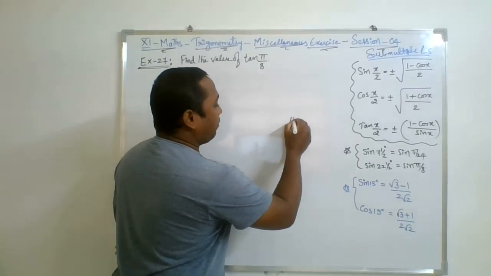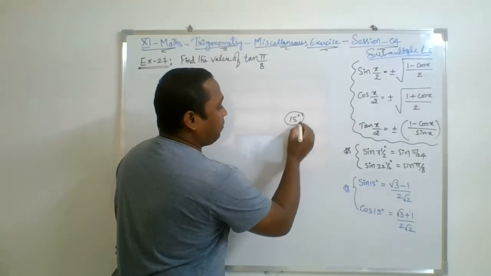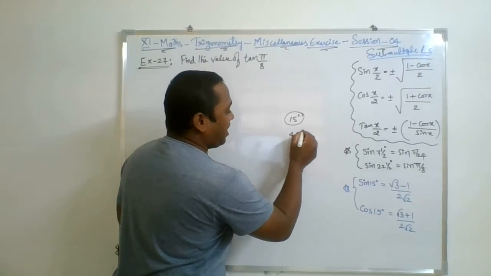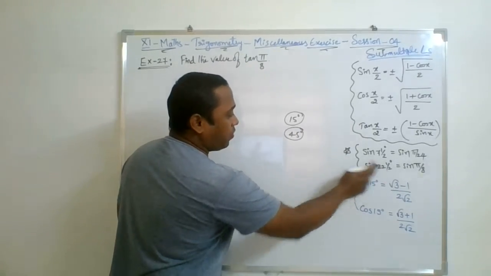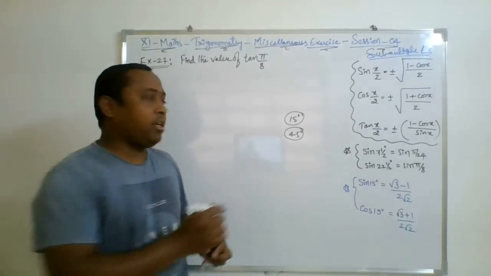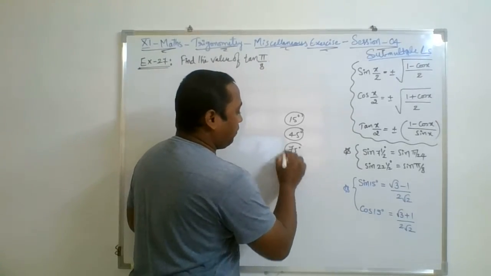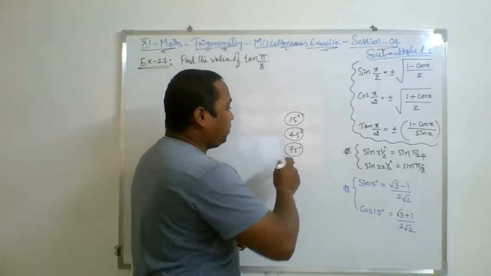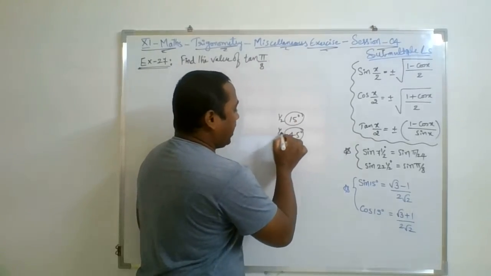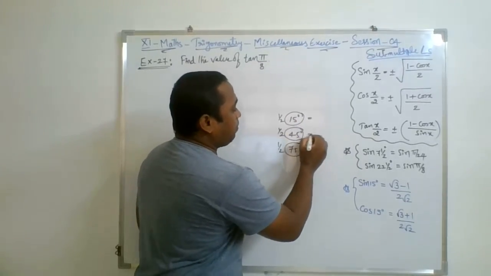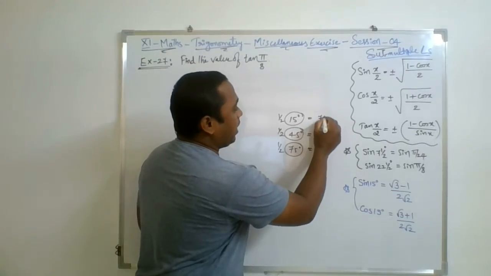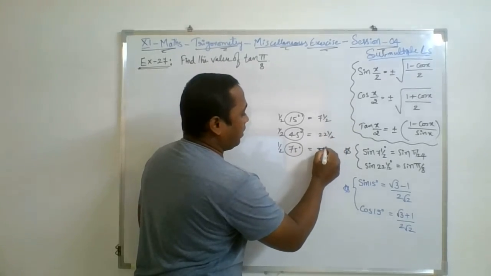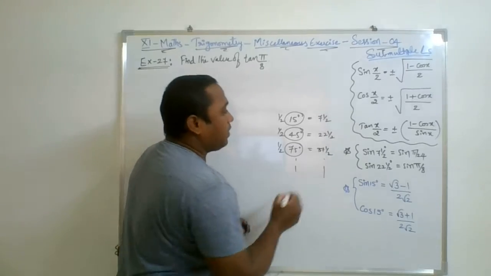Half of 15 degree is 7.5. 45 is a multiple of 15, and half of 45 is 22.5. Similarly, 75 degree is a multiple of 15, and half of 75 is 37.5 degree, and so on infinitely many.